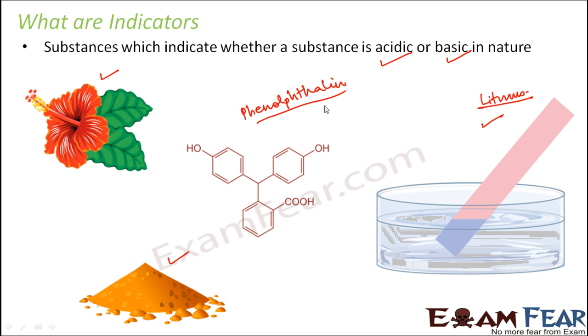For example, if a substance becomes red in color when it comes in contact with an acid, then when it comes in contact with a base, it should change into some color other than red. Only then will we be able to understand whether the substance under test is acidic or basic. That is the only property we are looking at when we want to find indicators.